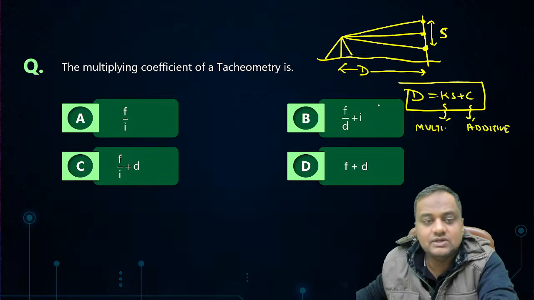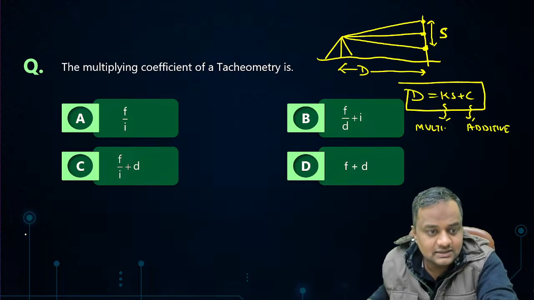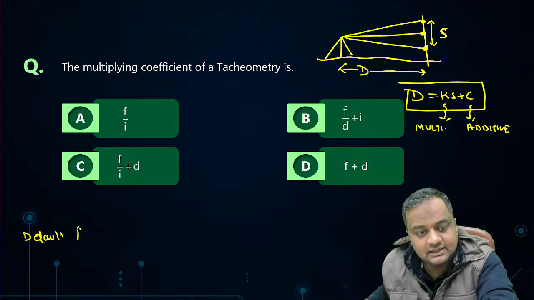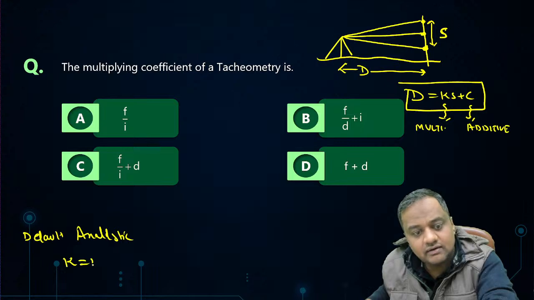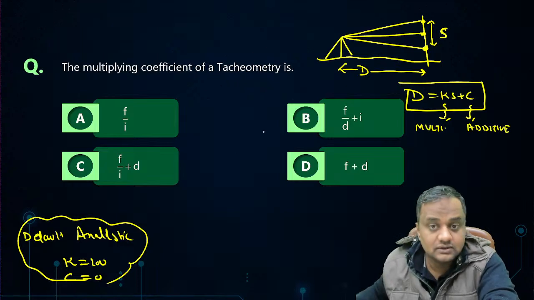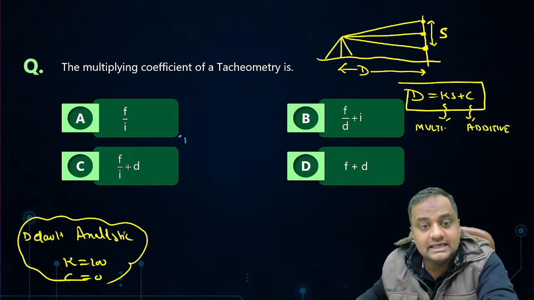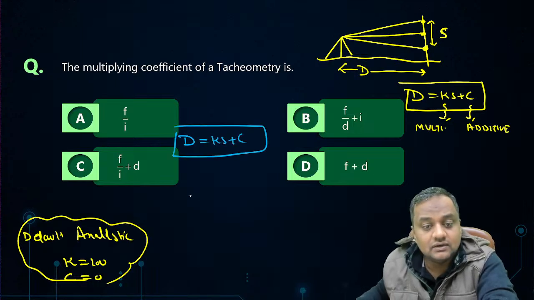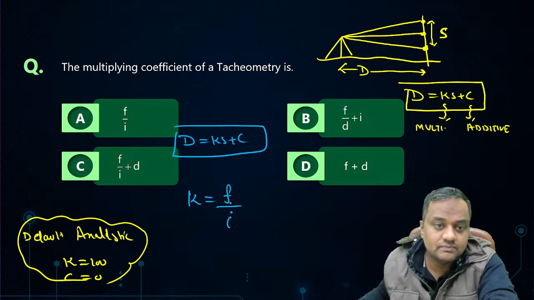If nothing is mentioned, by default, or if it is mentioned as analytic lens, then K is equal to 100 and C is equal to 0. And this formula D is equal to Ks plus C I have derived in the class as well. What is K? K is f by i, focal length by stadia interval.